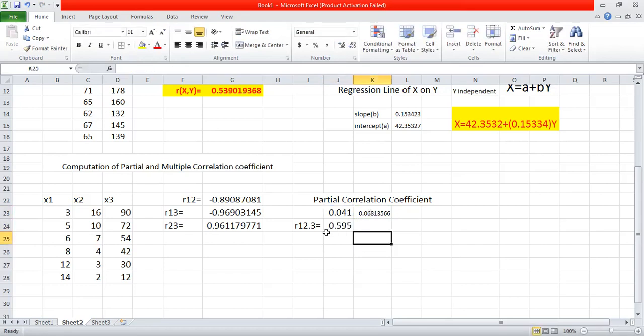This is the value of R12.3. Similarly, you can find out R23.1 and also R13.2 values.